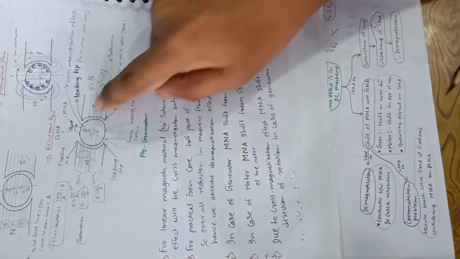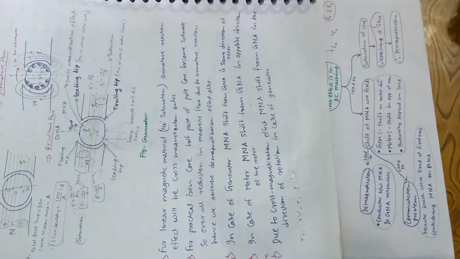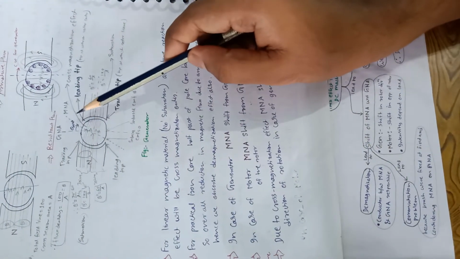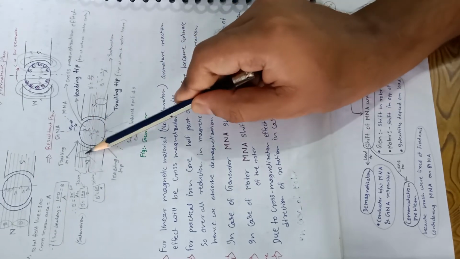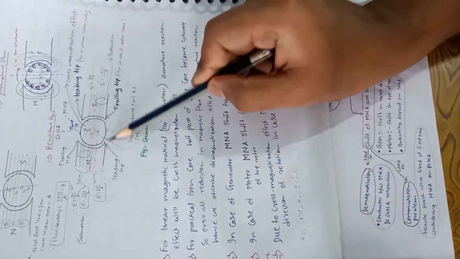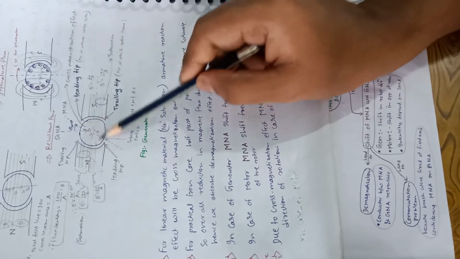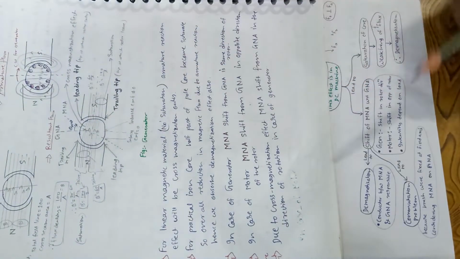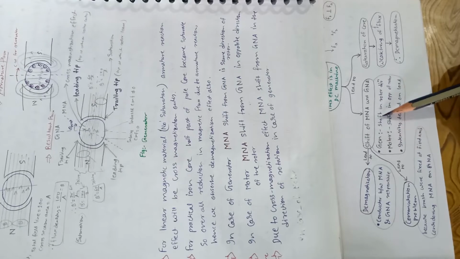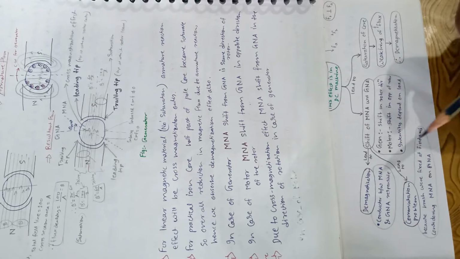Otherwise we can say in case of motor, everything remains same, only the direction of rotor will be this one. MNA will remain here. For generator, the shift of MNA is in the same direction as the rotor, for motor in the opposite direction. Okay, so these are the things.